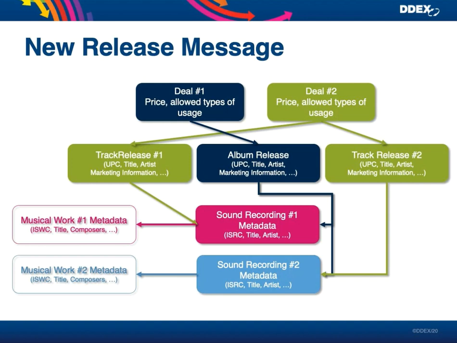On this slide, the musical work information is inverted, colorful font on white background, because actually nobody really used it. There can still be musical work information communicated, but in the ERN message, it would virtually always be done as part of the sound recording metadata itself.